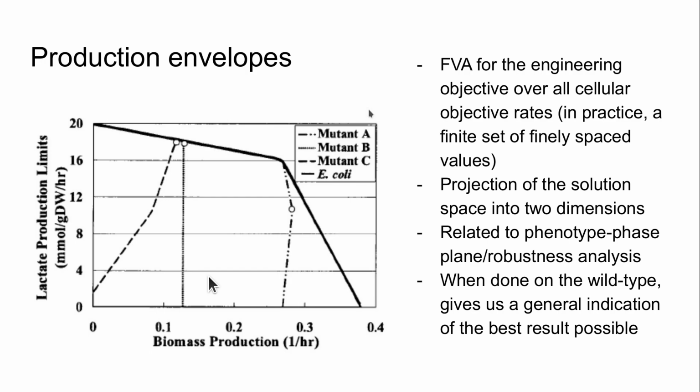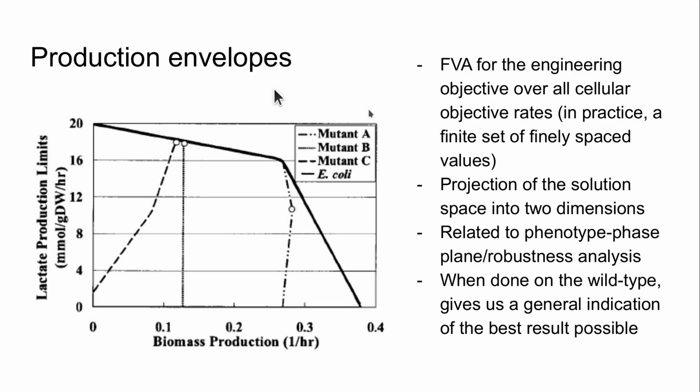The second thing that it gives us is a level of robustness to our knockout. So for instance, if we look at this mutant, no, sorry, this is actually mutant A. Mutant A has a pretty high growth at its optimum, and a pretty high production, and that is guaranteed if the cell is optimal. But then again, we don't necessarily have a cell that is strictly optimal.